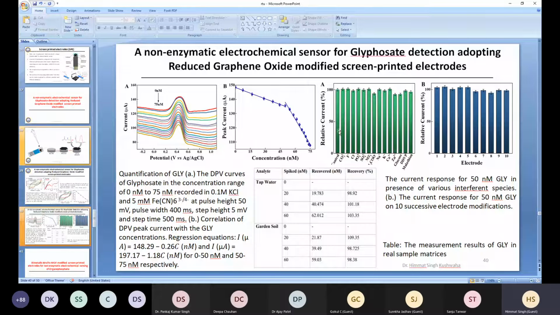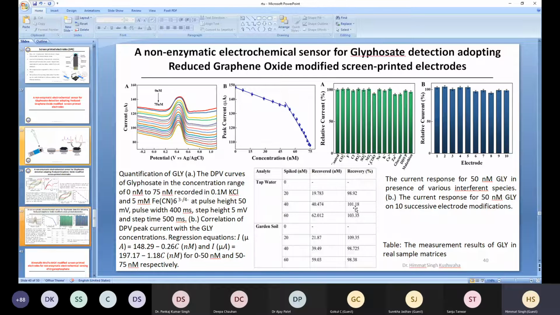It means the sensor has selectivity for glyphosate. And this second bar chart, B, shows the reusability of the fabricated screen printed electrode sensor: up to 10 times there is no significant difference in the current signal.